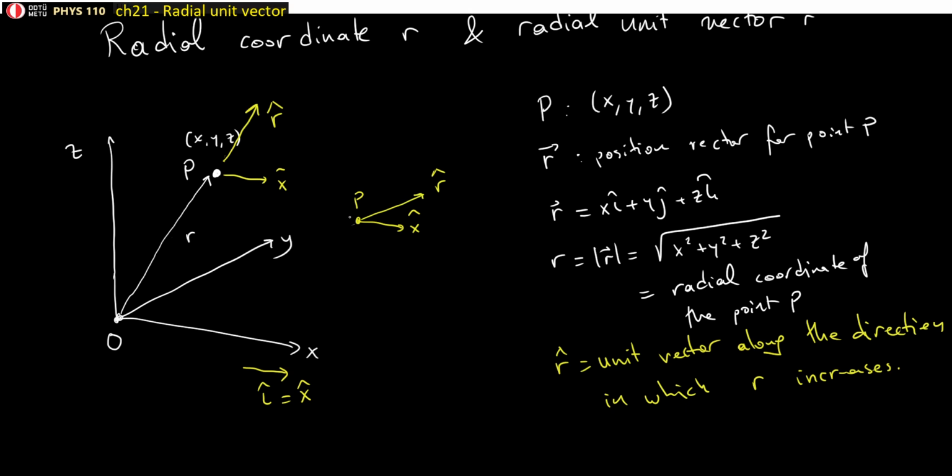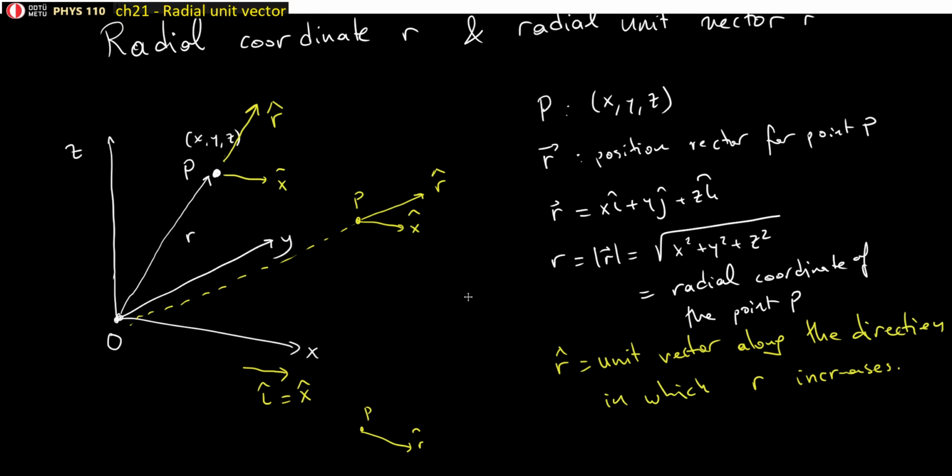So if I choose the point like that, the radial unit vector would be pointing like that. If my point is in here, then the radial unit vector would be like that. So that's a slight complicating factor for the radial unit vectors, but it's just like the other coordinate unit vectors apart from that distinction. But that's something that's going to be important.